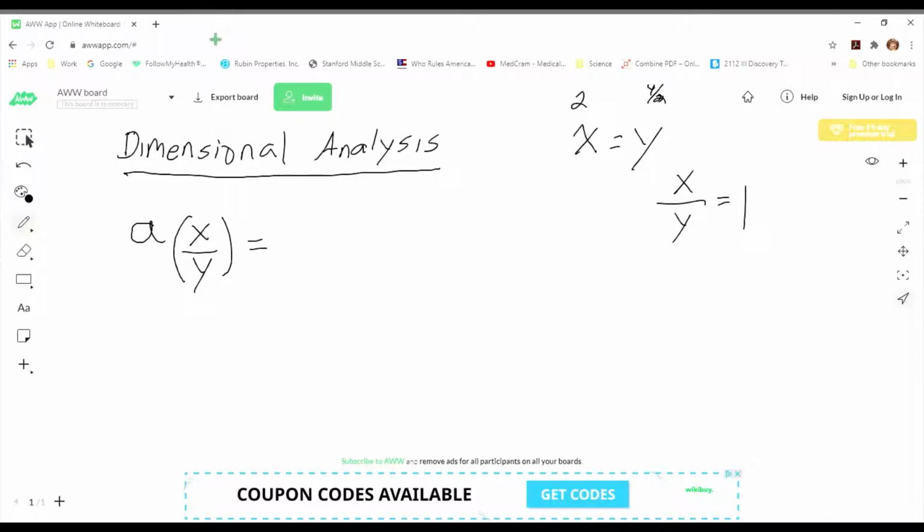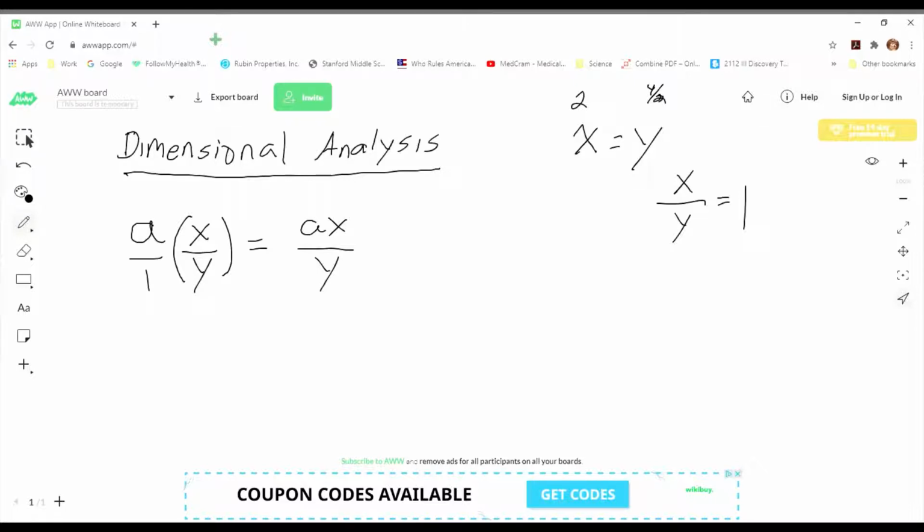But now I'm going to end up with a times x in the numerator, and y stays in the denominator, right? Because whenever we have a whole number, it doesn't have a denominator, we assume that the denominator is 1. So 1 times y is y. We just ignore it. A number that's not a fraction goes with the numerator in a fraction, just to remind you.